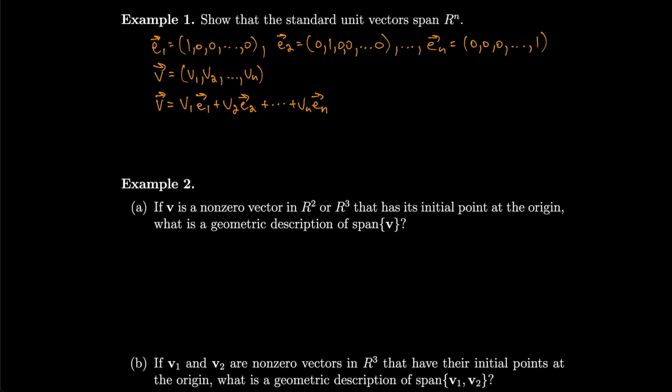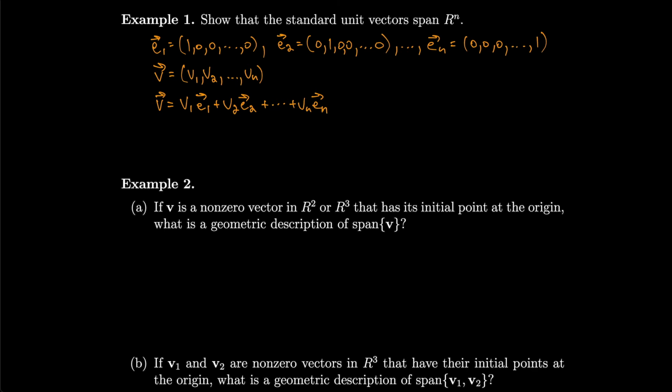So notice that pretty much shows it, because for any possible vector, I just have to take the first component and multiply it by the first standard basis vector, the second component by the second standard basis vector, and the zeros will make it so that there's no contribution from anything else, so all I'll end up with is just the v1, the v2, and so on. And then there you go, I have v for any v.